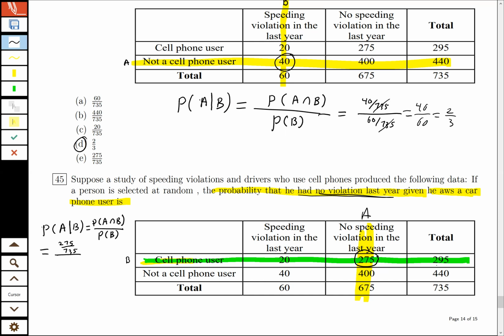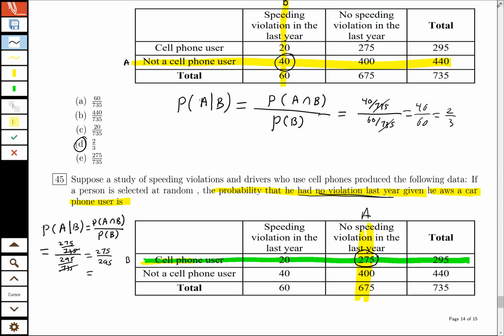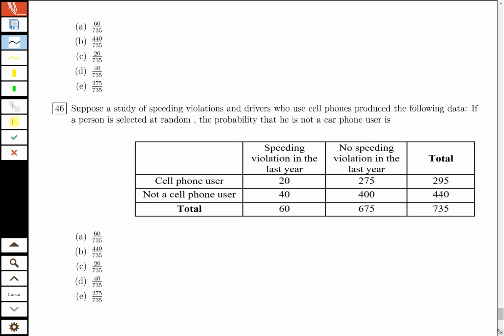Given cell phone user, it's 295 over 735. So that is cancelled. So we get 275 over 295. That's the answer.